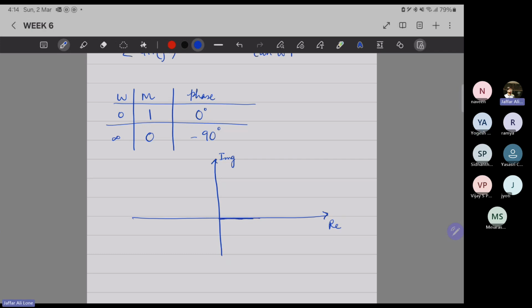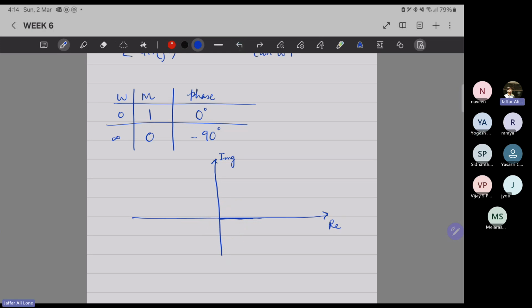So my angle is 0 means this line, and my angle is plus 90 means this line. My angle is plus 180 means this line, plus 270 means this line. So if I go like this, then it's positive. And if I go like this, then it will be negative, means this will be minus 90 degree. This will be minus 180, minus 270. I hope that is clear already from the previous lecture.